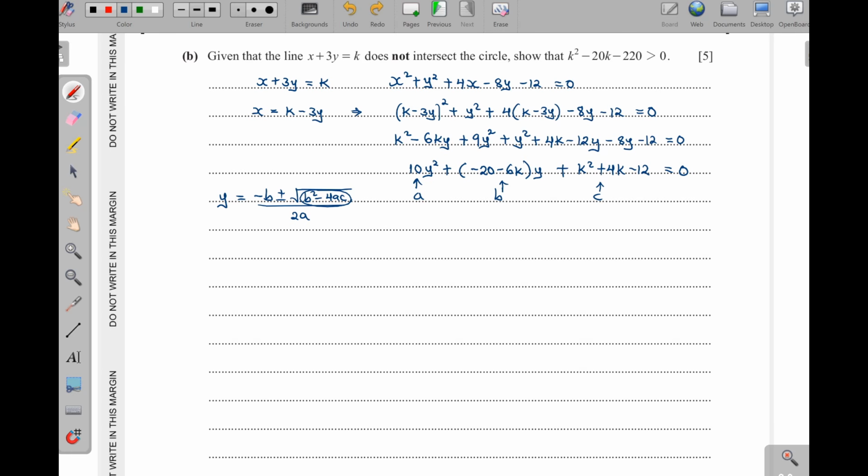That's why we say there are two distinct points. But if this one is less than 0, that means you're not going to have the square root of a negative. You are going to get complex roots, but not real roots, and here we are talking about real roots. You get it?